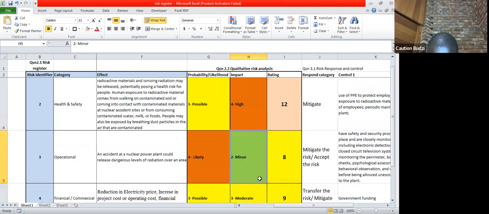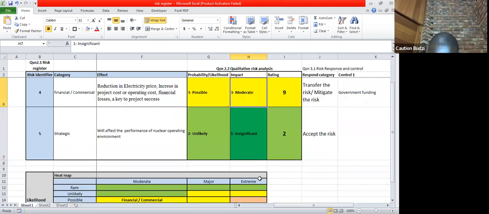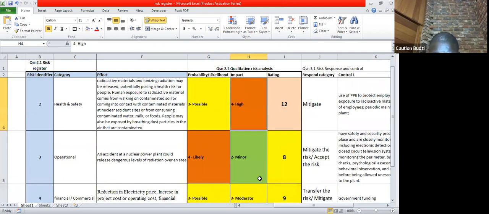So these probabilities and impacts are qualitative in nature. It depends on who is doing the analysis, the perception of the person doing the analysis, their background, and the amount of knowledge available.